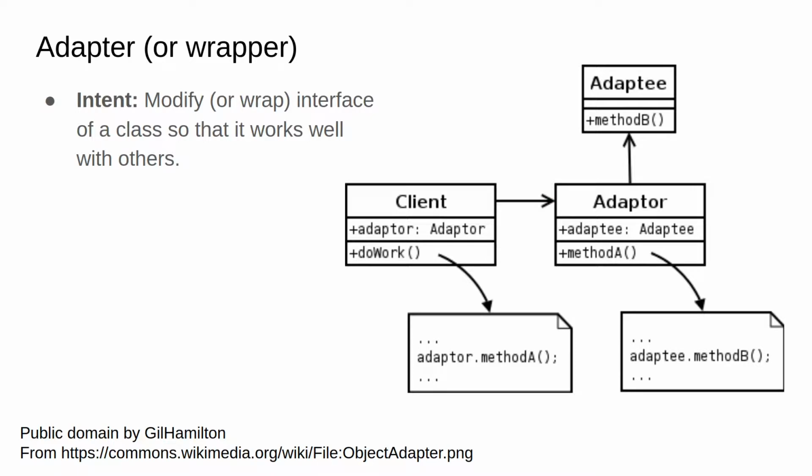Maybe you have a bunch of classes with the same API, and then you have another class from someone else with a different API. How are you going to use this with the classes that you wrote yourself? You can use the adapter pattern.